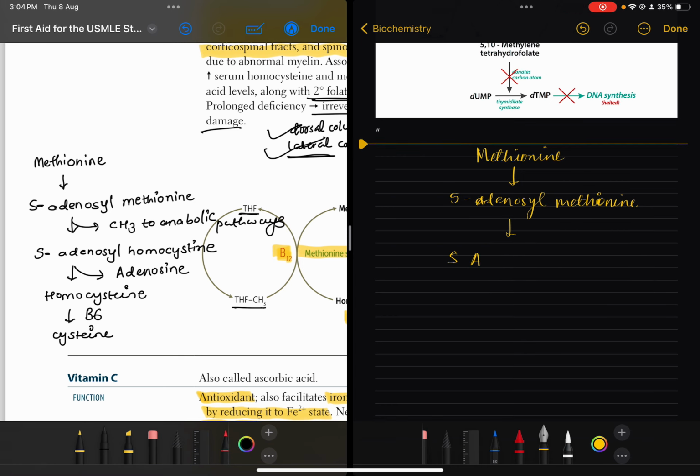This again will be converted into S-adenosyl homocysteine.